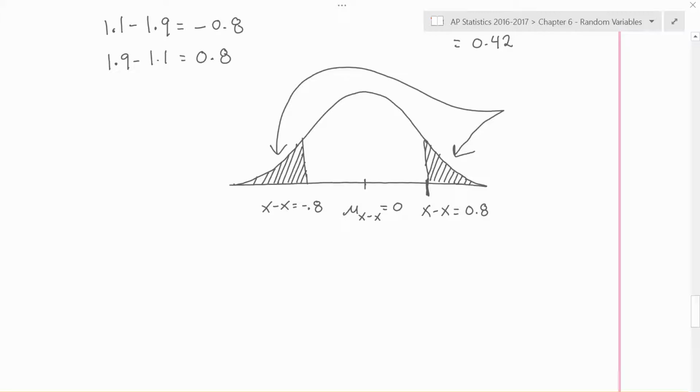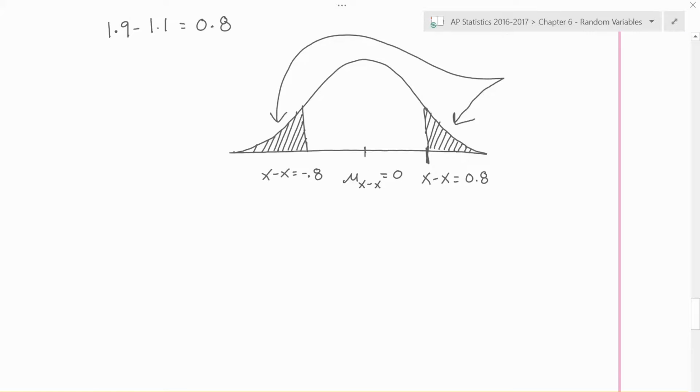In order to do this, I might go ahead and do z-scores, or I might do the shortcut that we've been using recently with normal CDF. Actually, let me be more precise.